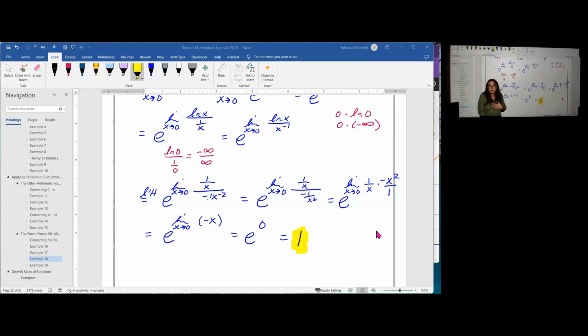Everyone does, me included. This became 1 over x over negative 1 over x squared. And I took the reciprocal of the denominator fraction and multiplied by it. One of the x's canceled, and I got the limit of negative x as x approaches 0, which is 0. But I had to exponentiate, so this is actually e to the 0th power, which gives me 1.